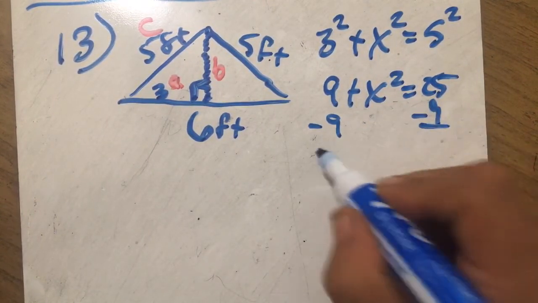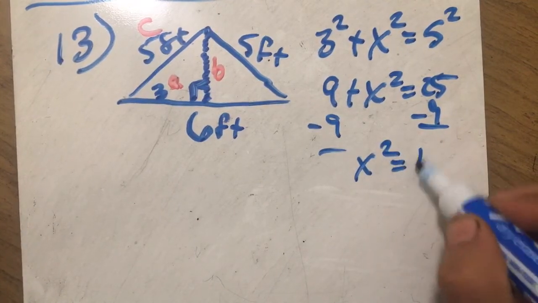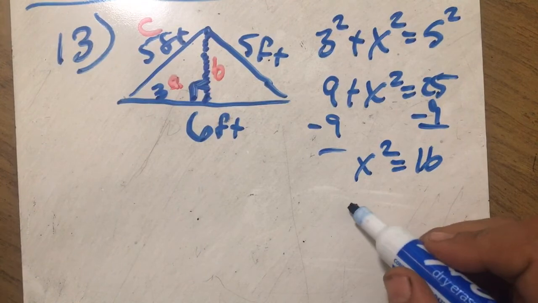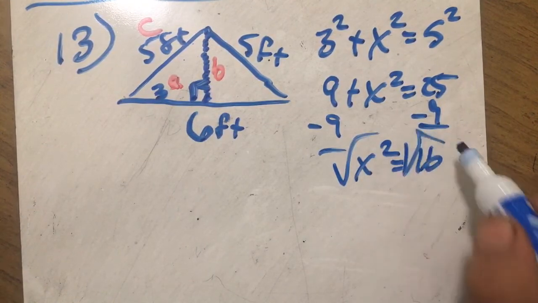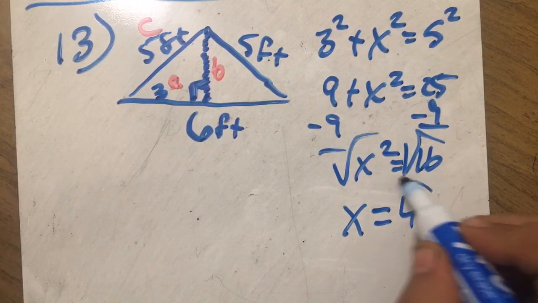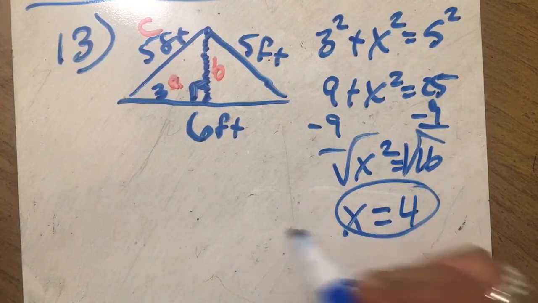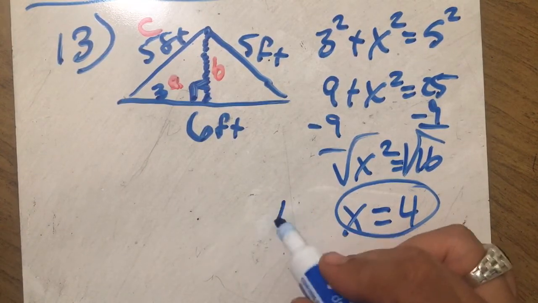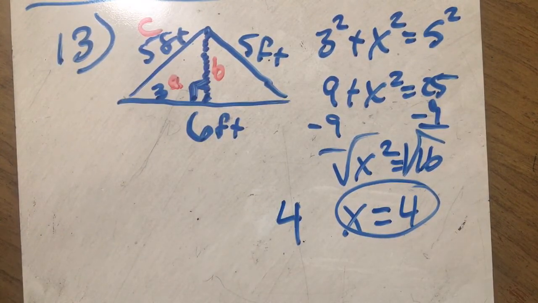Minus the 9 from both sides. X squared equals 16. And again, very nicely, the radical forms. The radical of 16 should be a very simple answer for most of you. And again, if you know that x equals 4, when you go into the Illuminate answer, you're just typing in the number 4. You do not have to do the radical or any other item there.